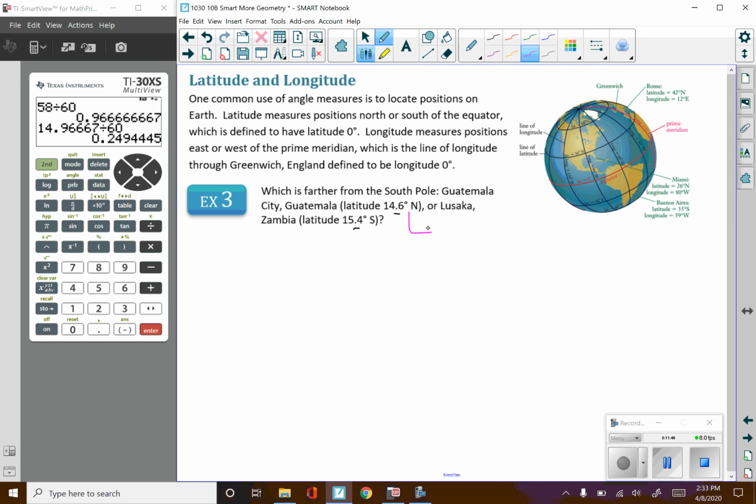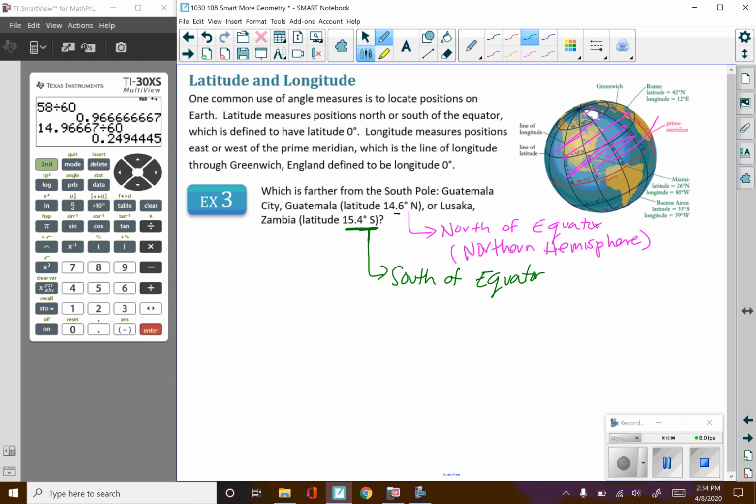Because this is 14.6 degrees north, it is north of the equator, which means it's somewhere in the northern hemisphere. The second one is 15.4 degrees south, so that south means it's south of the equator, somewhere in the southern hemisphere.